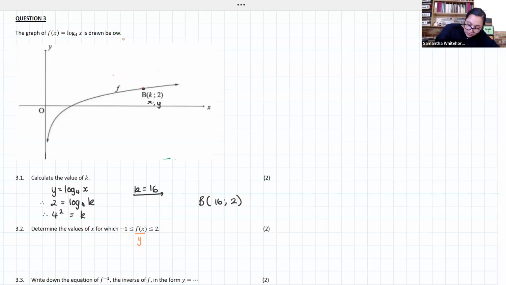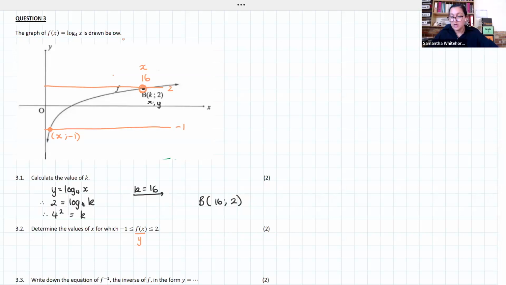We already know that y is equal to 2 at point B. We also then want where it is at -1. So there's 2, there's -1. We now want the x coordinates that correlate. We already know the x coordinate at 2. We've just worked it out, that it's 16. We would now need to figure out what this x value is at -1.